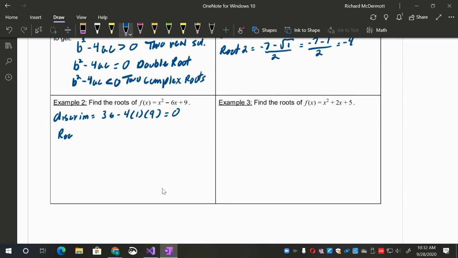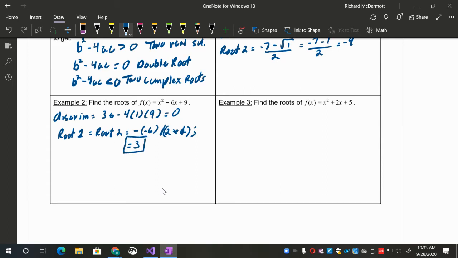So root 1 is equal to root 2 is equal to, now since the discriminant is 0 and the square root of 0 is 0, I'm just going to do negative b. So negative negative 6 divided by 2 times a, like so. That's going to give me positive 6 divided by 2, which is 3. So I've got double roots. My double roots are 3 and 3.